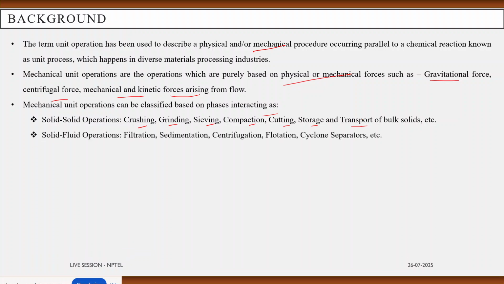We will also encounter solid-fluid operations, which involve filtration, sedimentation, centrifugation, flotation, and cyclone separators.